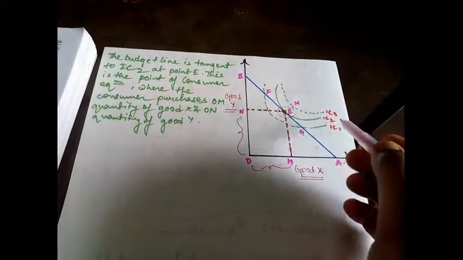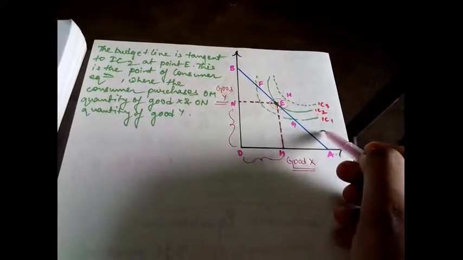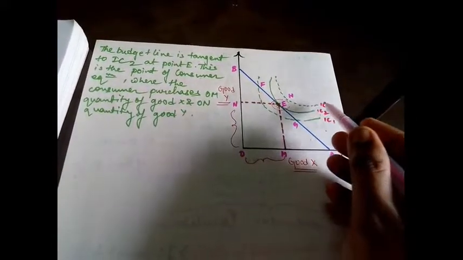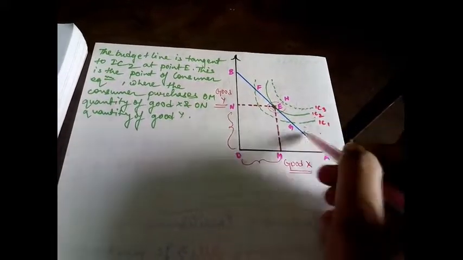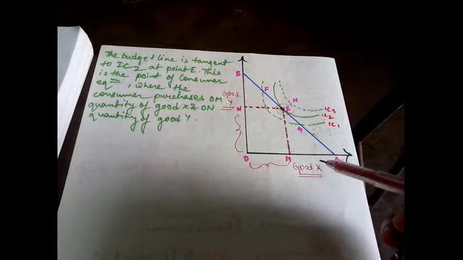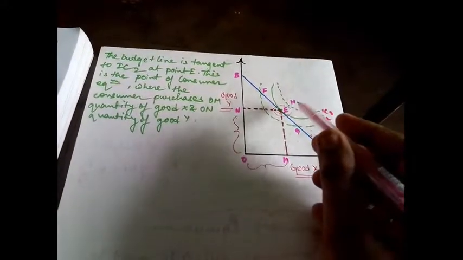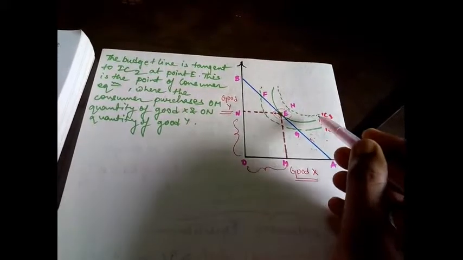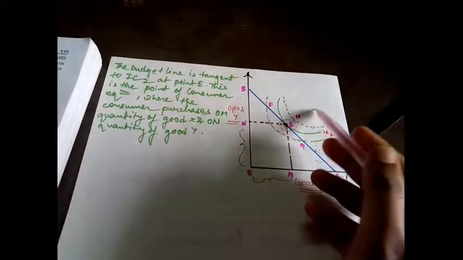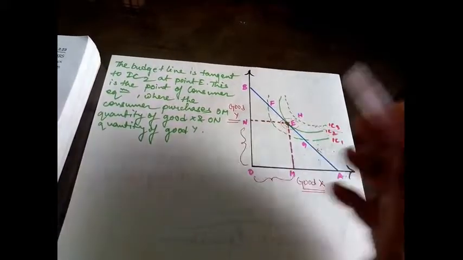See, there are two more indifference curves, IC1 and IC3, but they are not the equilibrium case because they are not touching or just tangent to the budget line. Indifference curve 3 is higher than the budget line, gone outside, which is unattainable.